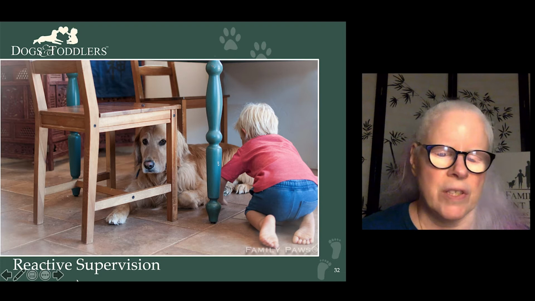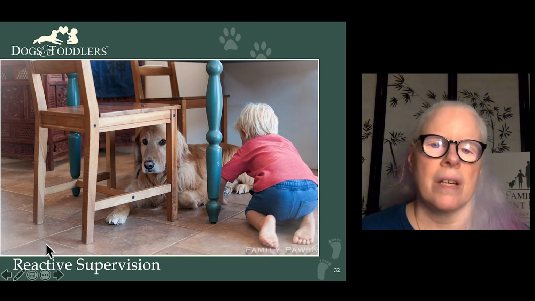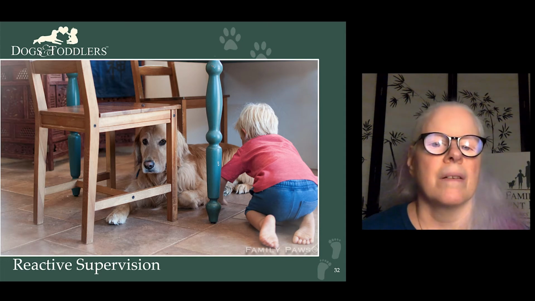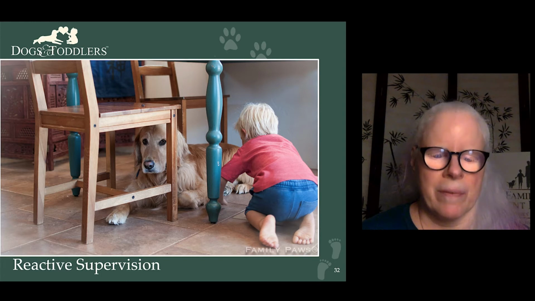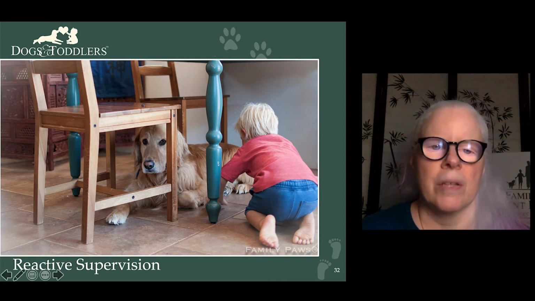Okay, so reactive supervision is concerning, and it's something we want to prevent. I really, really can't emphasize that enough. It is something we want to prevent from happening over and over again.